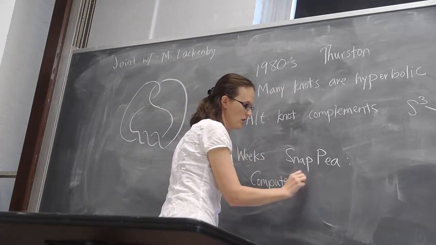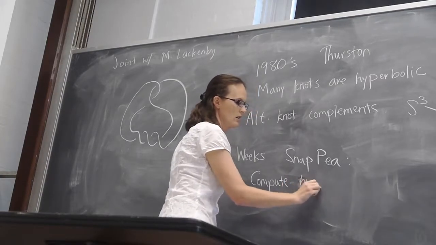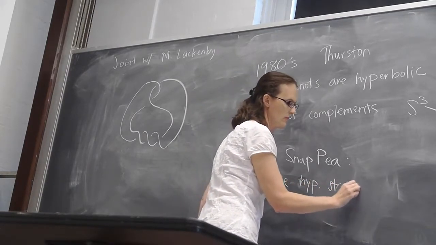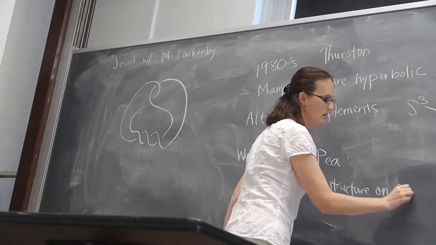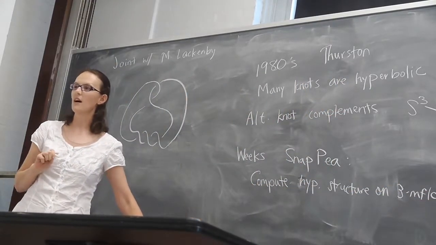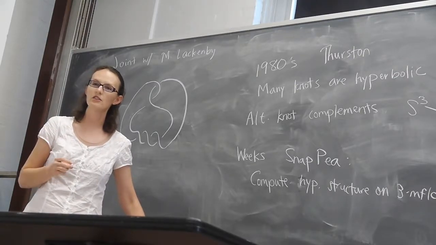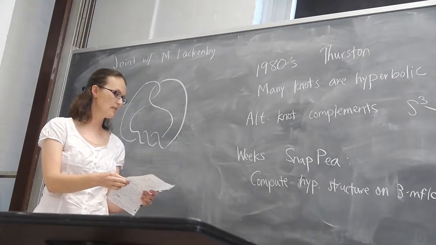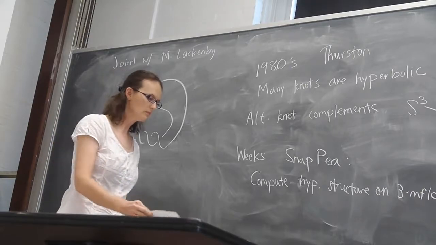Many of the examples were low crossing knots, which are often alternating. So alternating knots were big examples of things that were studied.